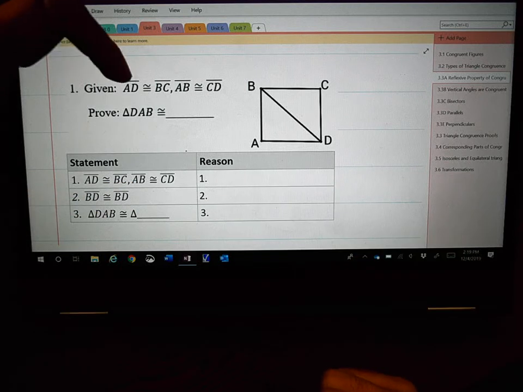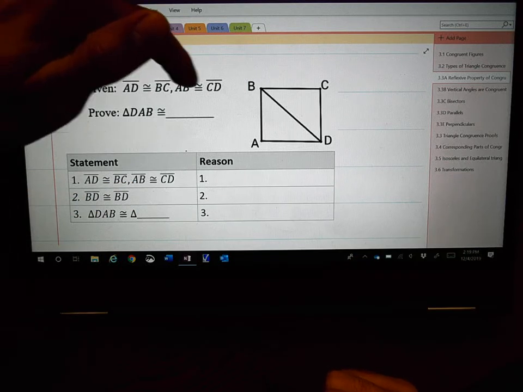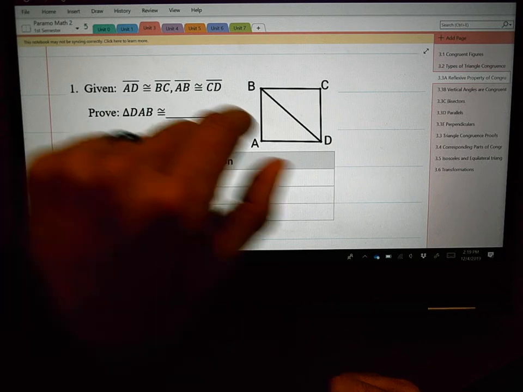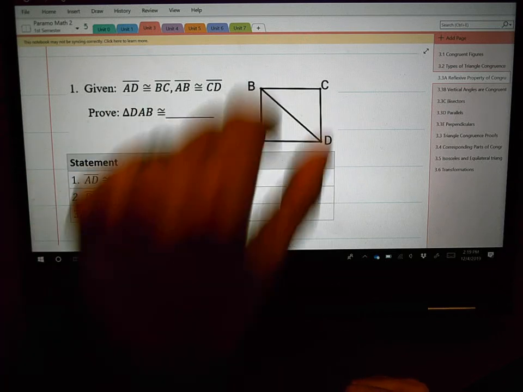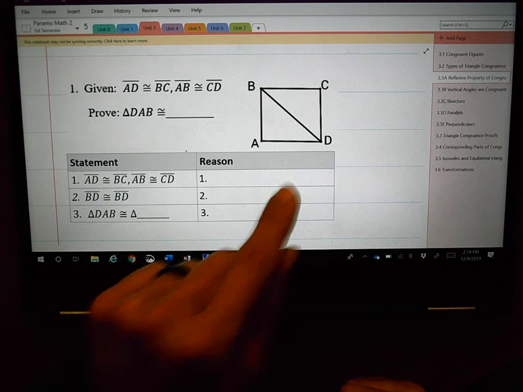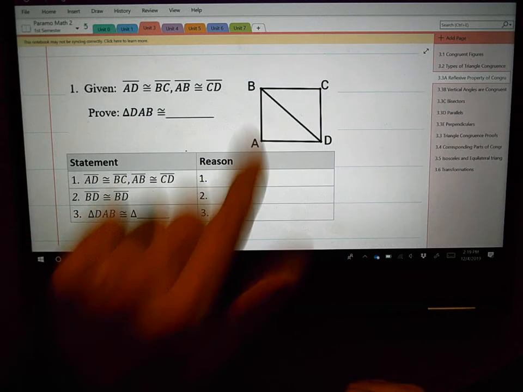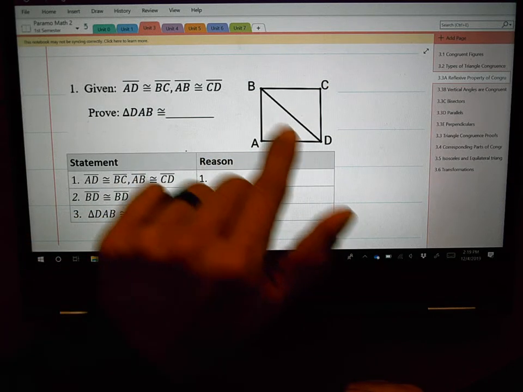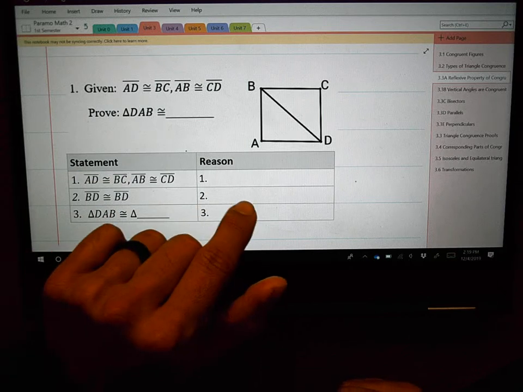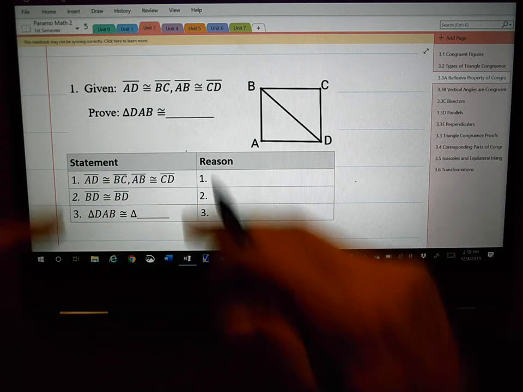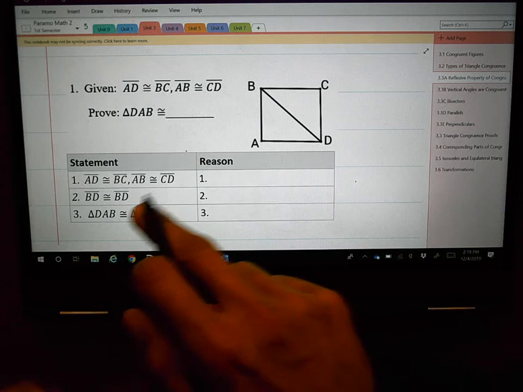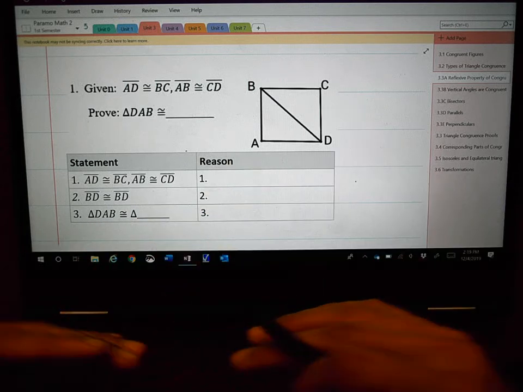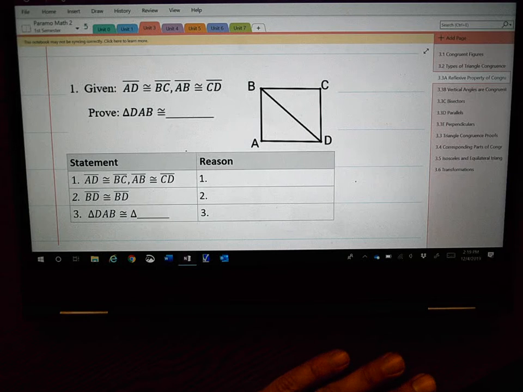We have to start with a side and another side. We have to know what the side and what other side it's congruent to, and with this side, and then be able to say, hey, I know that one's shared. I know that that's the same in both because of the reflexive property. And the reason why this triangle will be congruent to the other triangle is because of something called SSS.